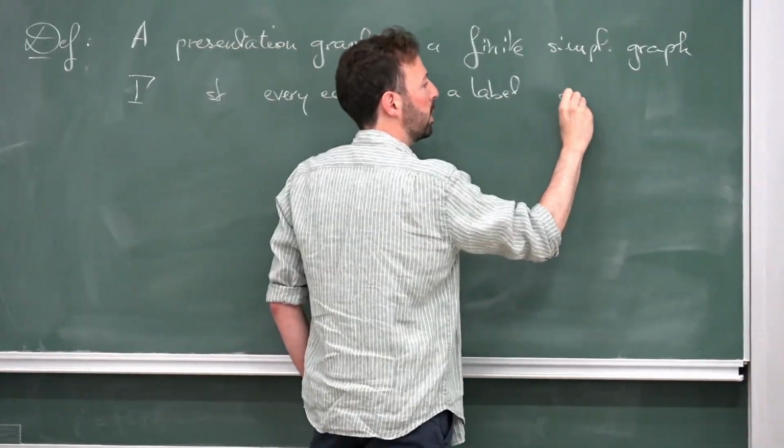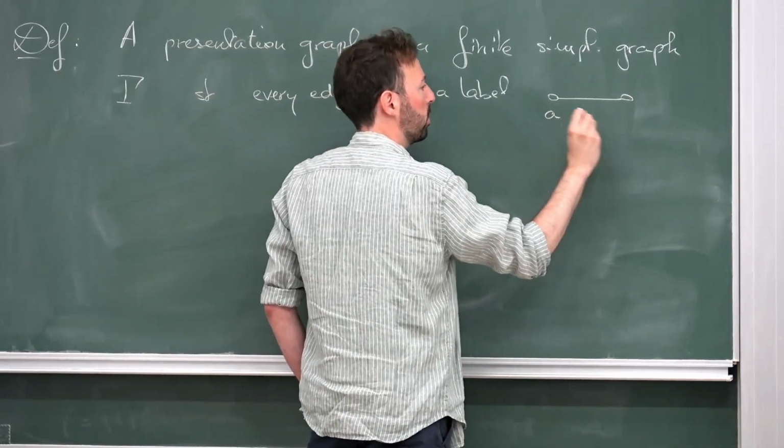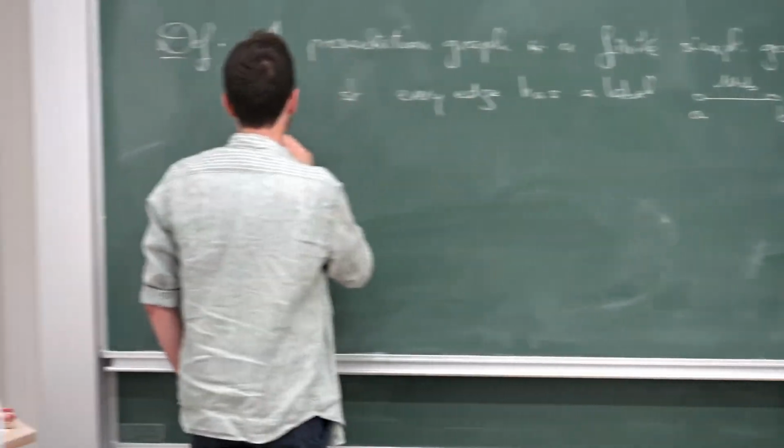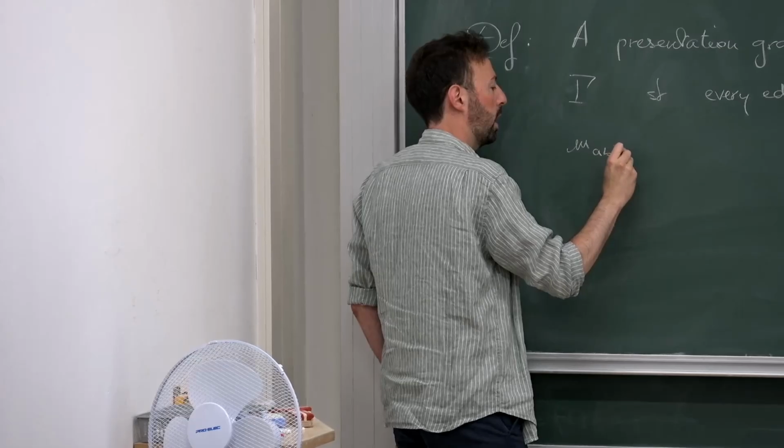So let's say I have an edge between two vertices denoted A and B. I've got a label m_AB, which is an integer at least 2.